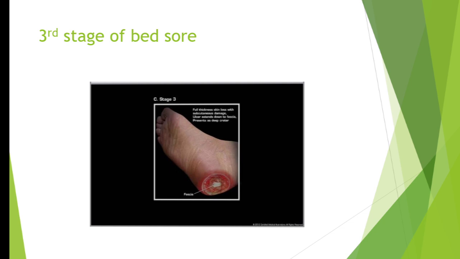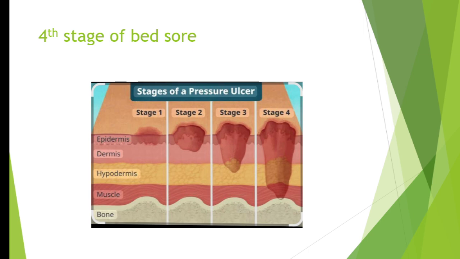Now we have to move to the fourth stage of bed sore ulcer, which is very dangerous for any patient. In the fourth stage of bed sore, damage extends to muscles, bone or supporting structures, and sloughs or eschar may also be present over there, often associated with infection and deep tunneling.